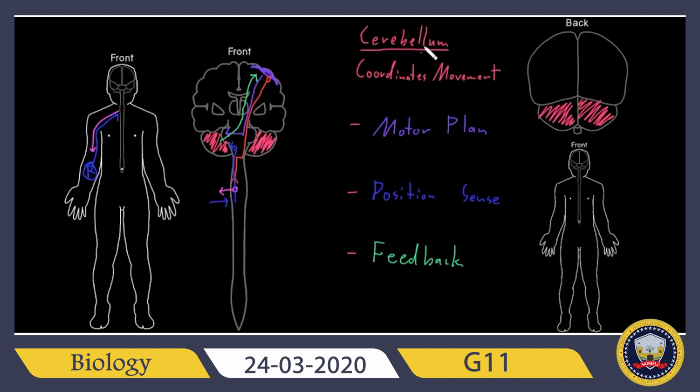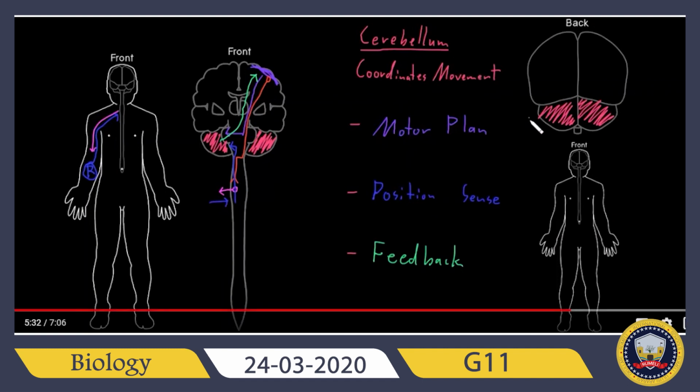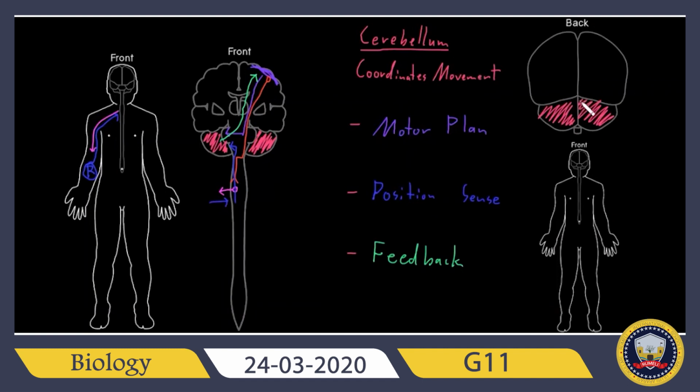And without getting too deep into the anatomy of the cerebellum, one little detail about the way the cerebellum is set up in general is that the middle part of the cerebellum here, toward the midline, tends to mostly coordinate movements involving the middle of the body, and in particular walking.